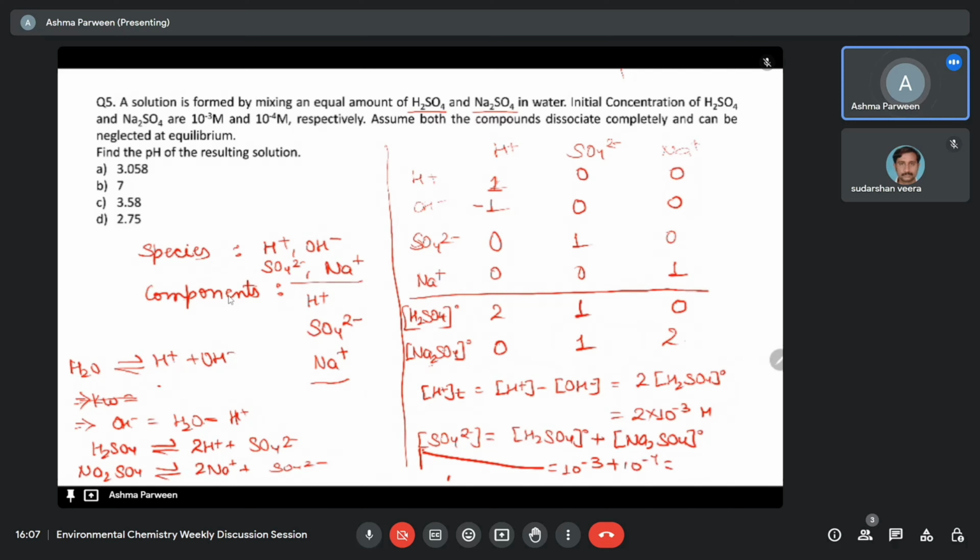After adding this, we will get 1.1 into 10 to the power minus 3 molar of sulfate.